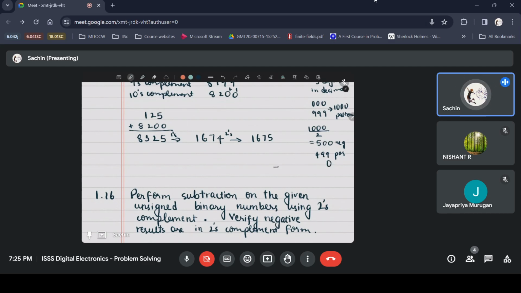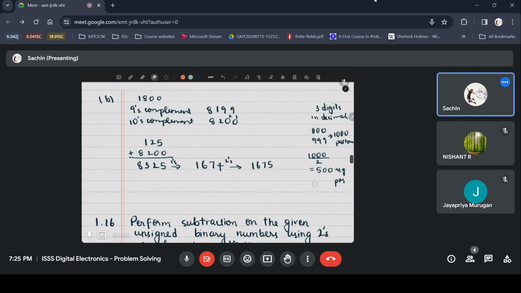So you can count from minus 500 to 499. So if it's above 499, that is if the hundreds place has a 5 or a number more than 5, then it's a negative number. If it's less than 5, it's a positive number. So that's how you find out if a number is negative or positive in the 2's complement form of a different number system.